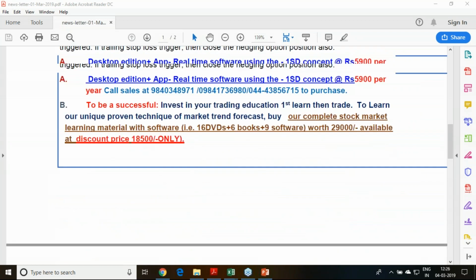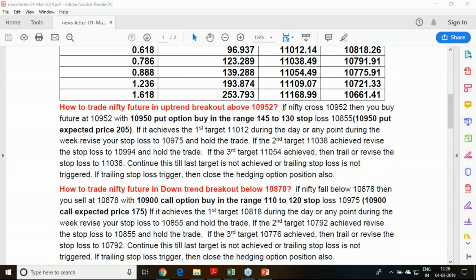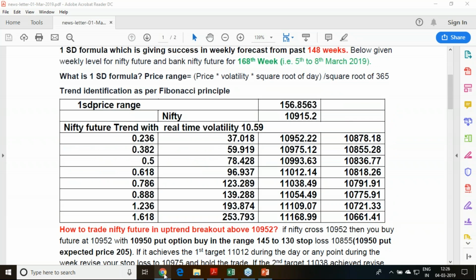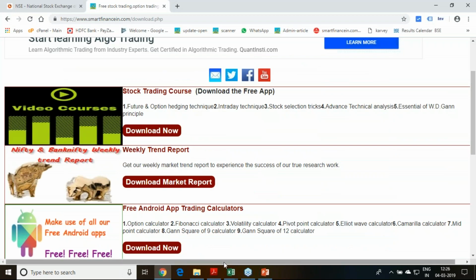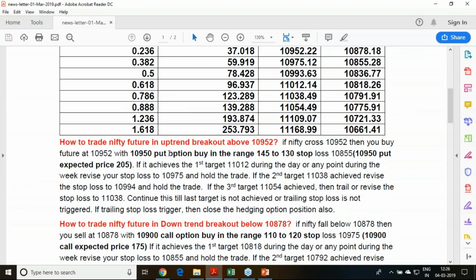Every week we are giving the 1 standard deviation weekly trend report along with an explanation of how to work on these reports with proper hedging. Download these reports every week on Friday post market hours or Saturday morning and follow them as per the instructions given here with proper hedging. You will definitely find a great difference in your trade career and your trades will start yielding profit.